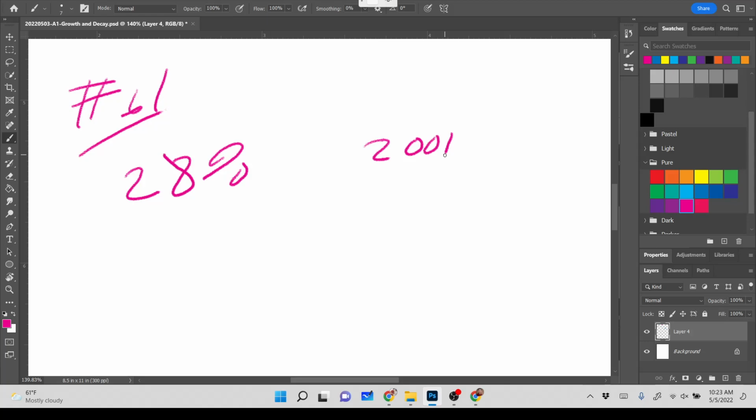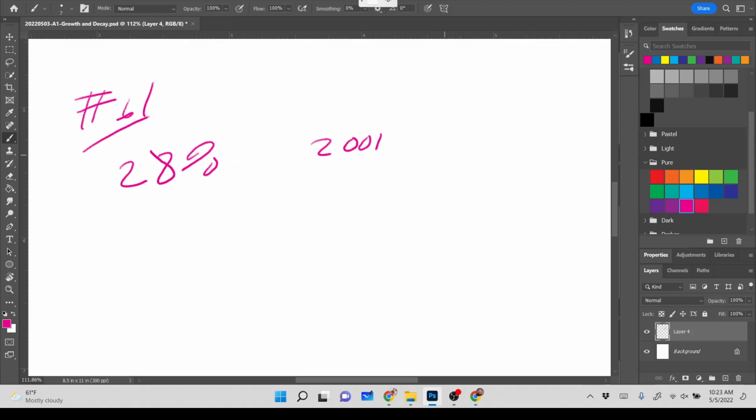If 2 million people owned a computer in 2001, predict how many will own a computer in 2006. 26. Just kidding.